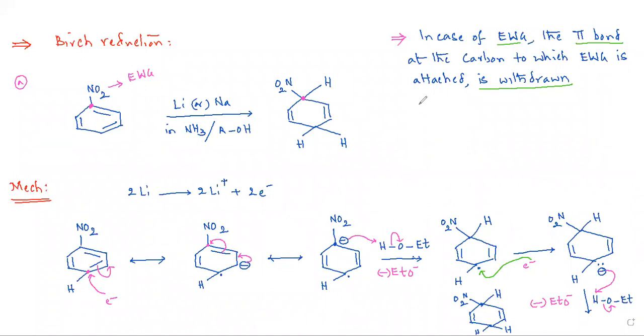And why is the attack at ortho and para positions in this case? Why is the electron attacking the ortho and para positions? See, the electron withdrawing group generally withdraws electrons from ortho and para positions.